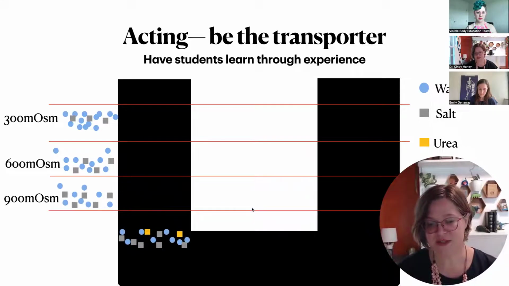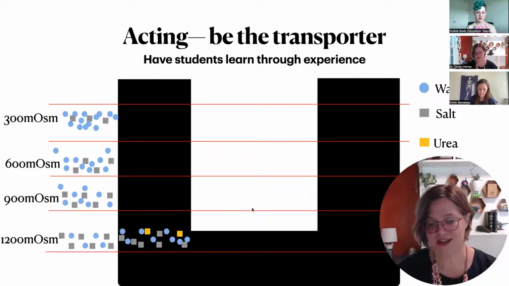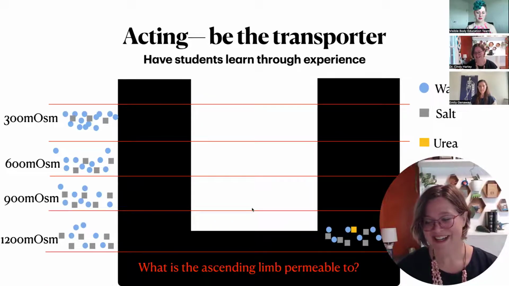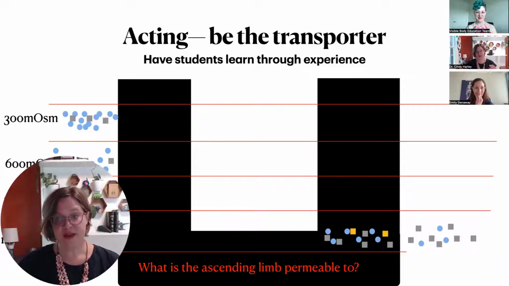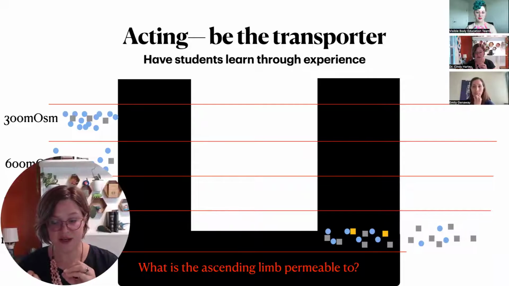Now I get to the bottom, we're going to go up. Ascending limb, what's ascending permeable to? Hopefully they'll say sodium. If they don't, it's okay. And here we balance using the number of solutes. So we've got 2 urea, and I've already moved one of my sodium.